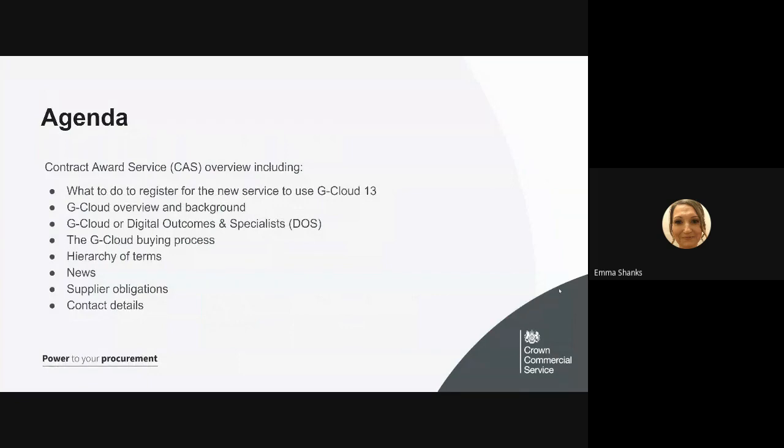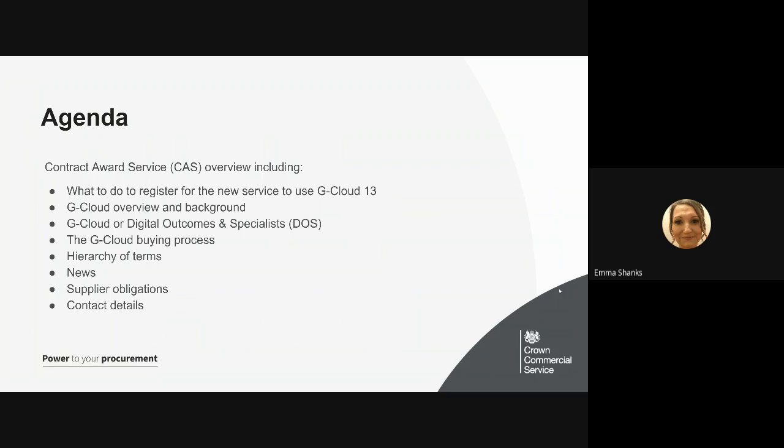So what we're going through is the contract award service. This is the platform that G-Cloud 13 sits on. There'll be a few slides about how to register to use the new platform because you do need to have a sign-on. We'll also give a little bit of an overview and background of G-Cloud in general, and also the differences between G-Cloud and digital outcomes and specialists.